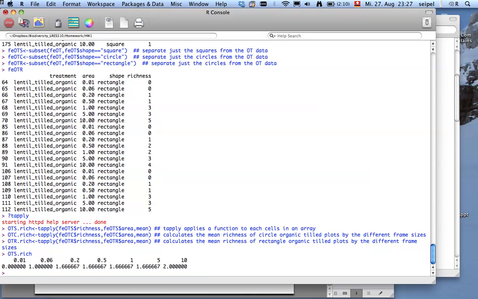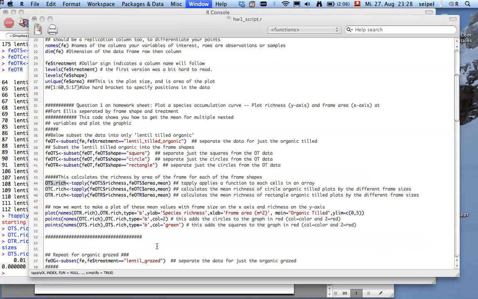For example, lentil tilled organic with an area of 0.1, a rectangle, had no species. And then the other one is this here, lentil tilled organic, no species. Lentil tilled organic, no species. So that's why it equals 0. We took the mean of that for each one of those.